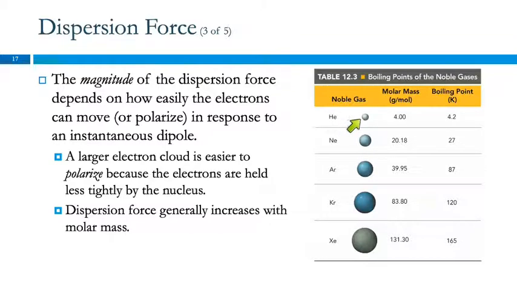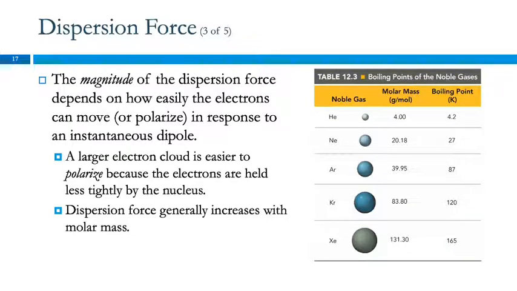And then there's helium. Helium's got 2 electrons, and they're really close to the nucleus. They can get polarized, but it's harder to push them around because they're held so tightly. So as we go to larger molecules, it's easier to get an uneven distribution, to get the instantaneous dipole. That instantaneous dipole also can be larger, and so the strength of the dispersion force increases as the size of the atom increases.